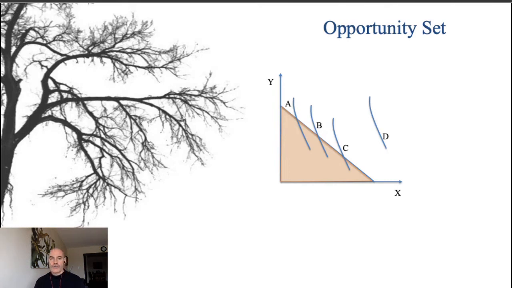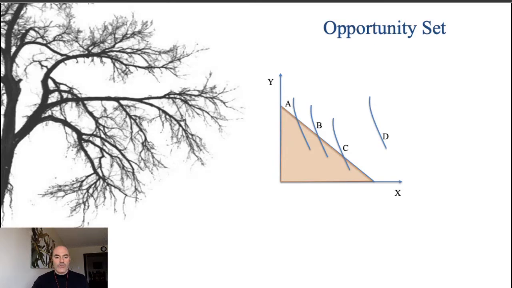The budget constraint with its slope represents what the rest of the world is willing to trade with you. If you recall from the previous presentation, the slope of the budget constraint is the ratio of prices.